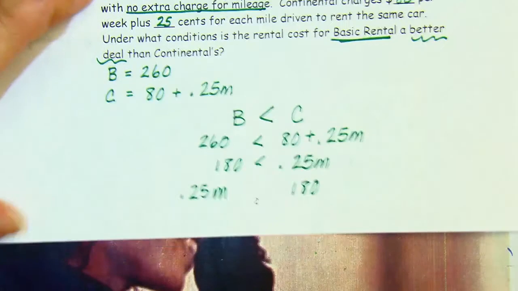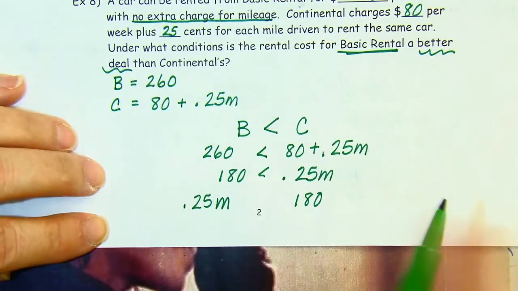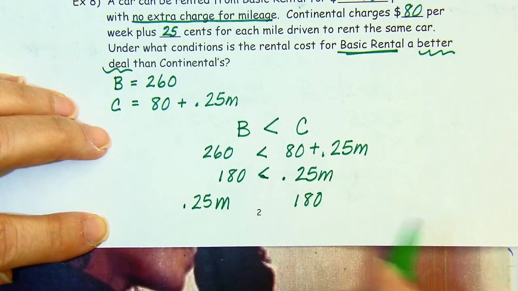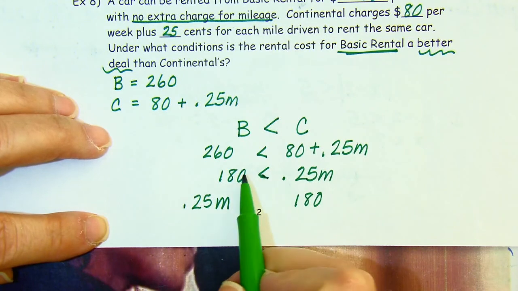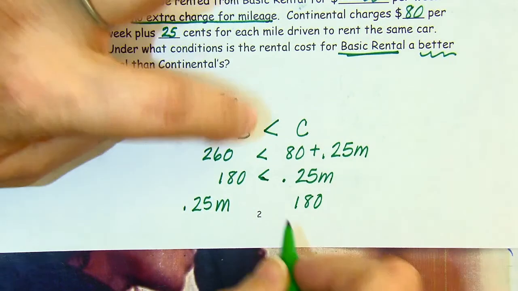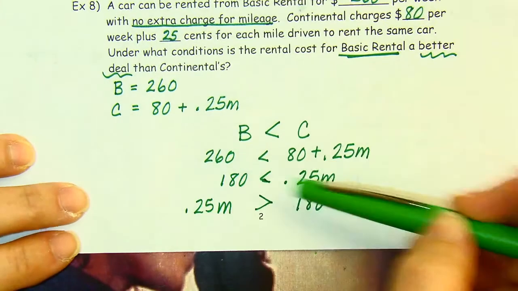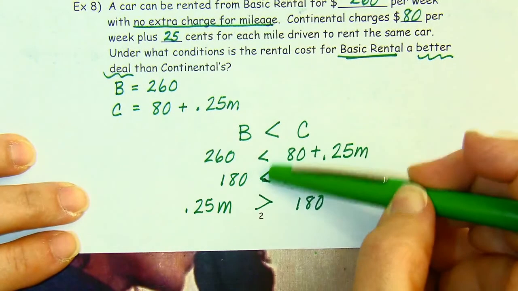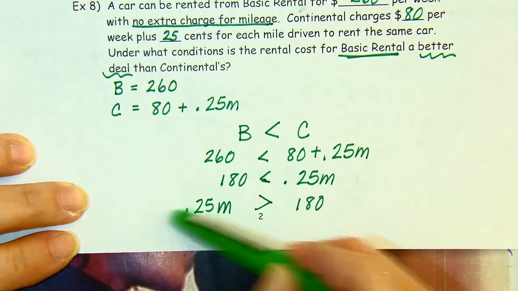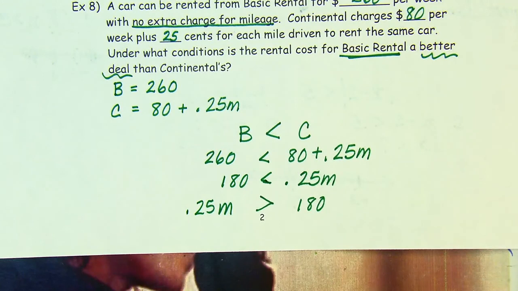Now, folks, when you do that, you have to flip the symbol. The inequality arrow is pointing at the 180. When you switch sides, it still has to point at the 180, right? Because if I'm reading this backwards, 0.25 M is greater than 180. So when I switch sides, it's got to be the same thing.